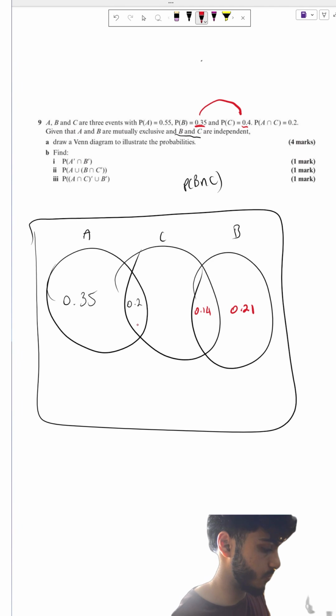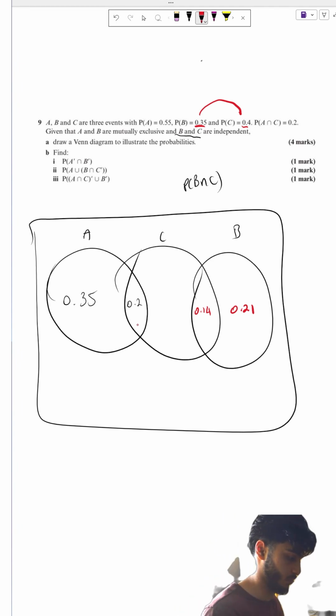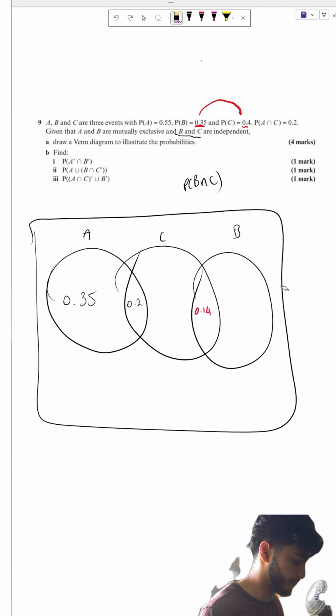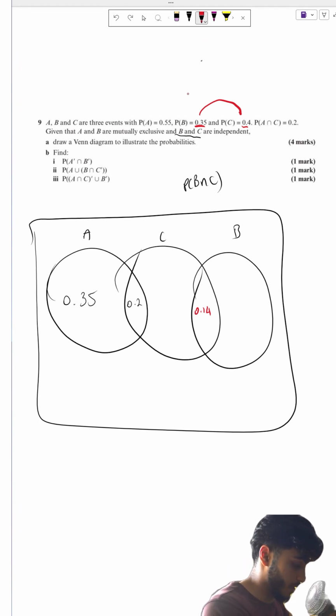Subtract from 0.4. Ooh, I've done something wrong. I've done something really wrong. That's not right. No, this is right. What have I done wrong? Let's do some troubleshooting, because I've just got a negative value in my calculator. Is it 0.2? Yes, it is. A is 0.55.